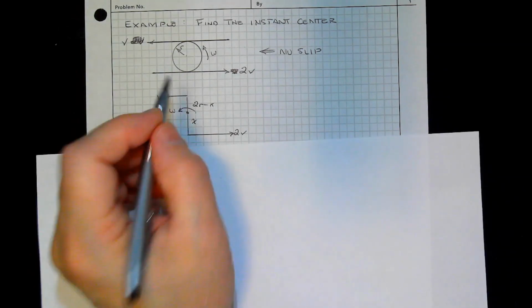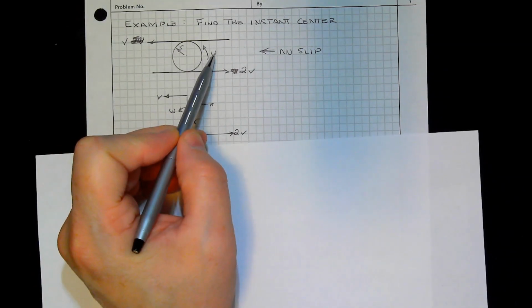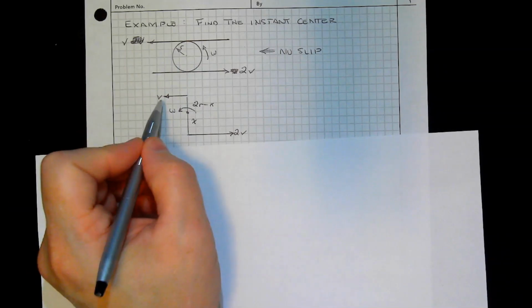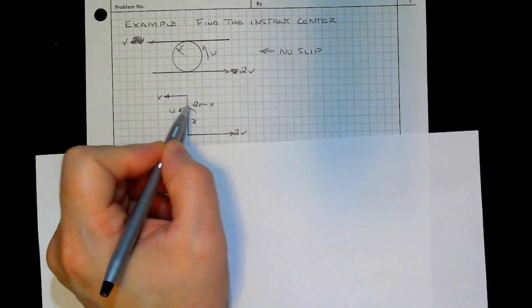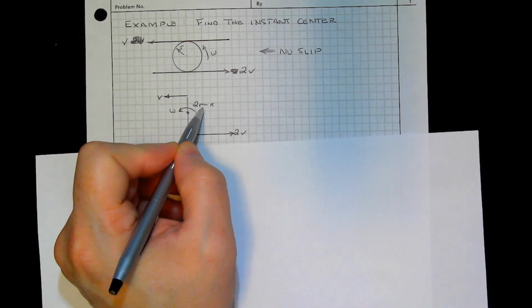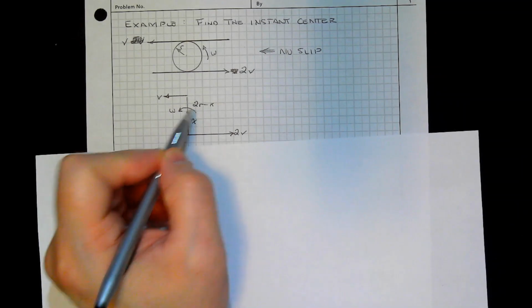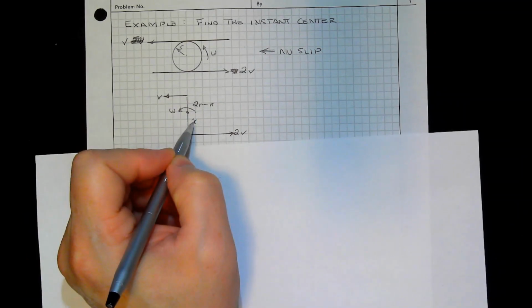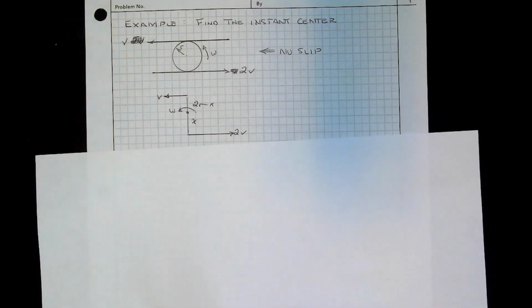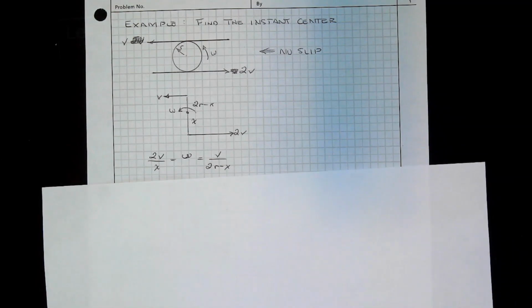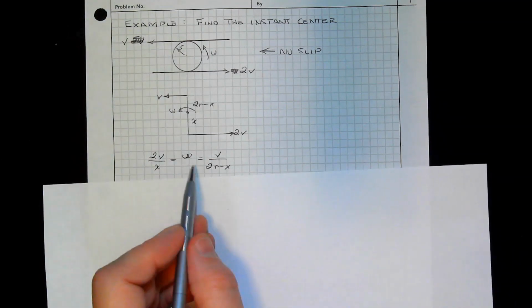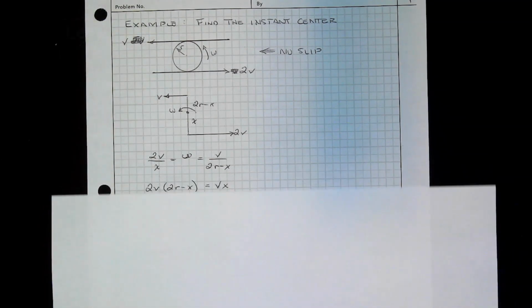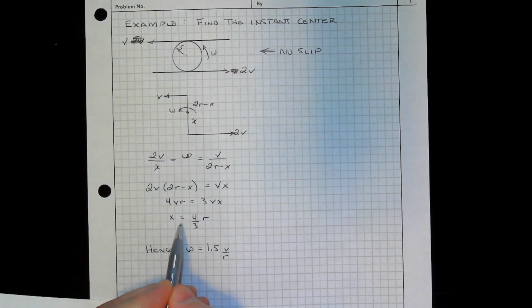When we think about it, there's only one angular velocity. So this velocity divided by this radial distance to the center, which we don't know, but we'll find out, must equal this velocity divided by this radial distance to the center. That's what I have here. All right? Well, if we solve this equation, we wind up with x equals 4/3 r.